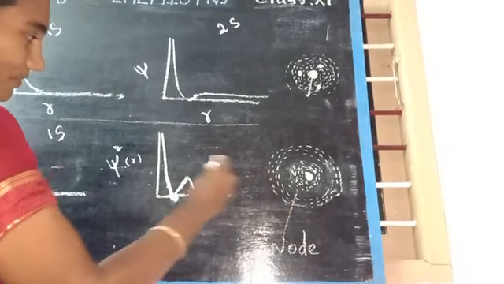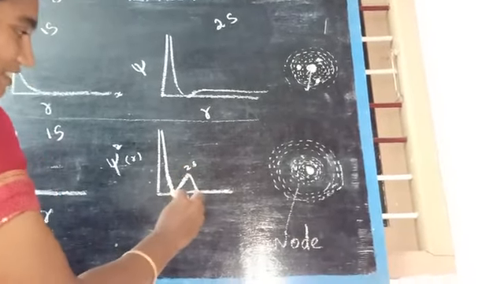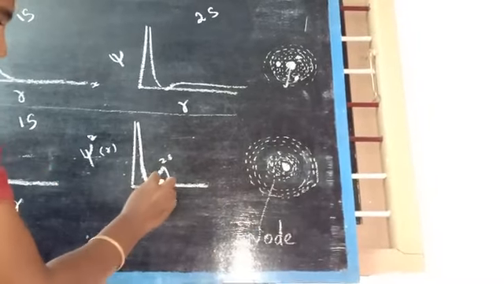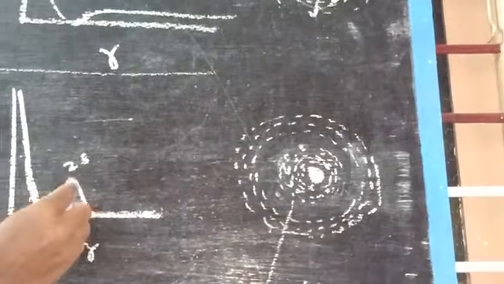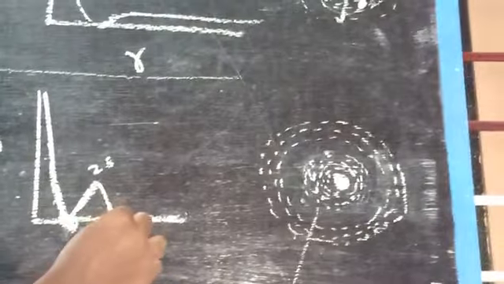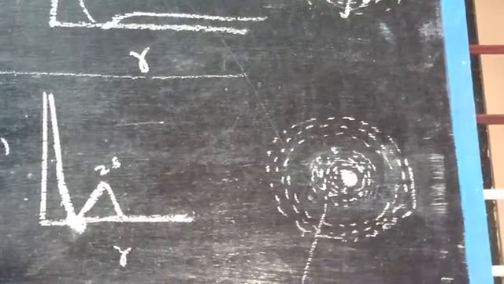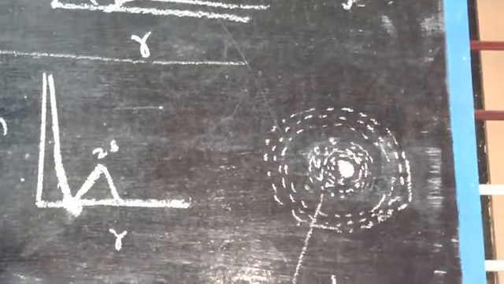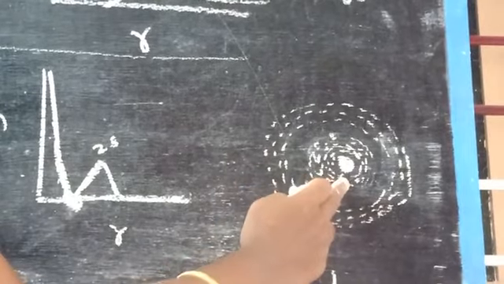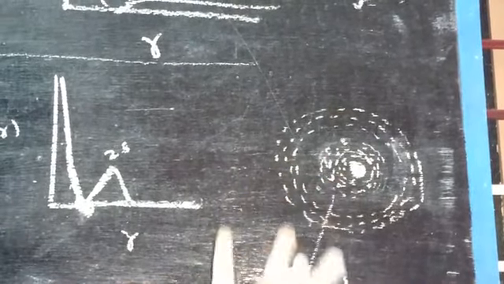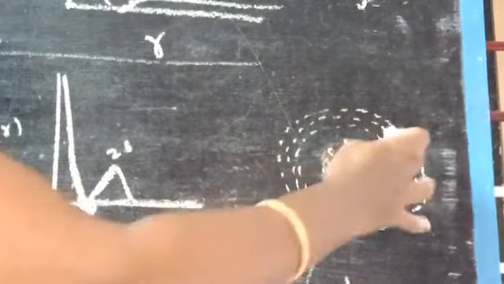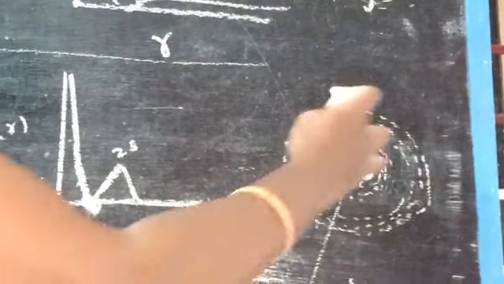Next, this one is denoted as the 2s. It increases, and at a particular point it again decreases. Here there is no electron; in the 1s orbital here the electron is present. Next, no electron, and again the electron density is present here.